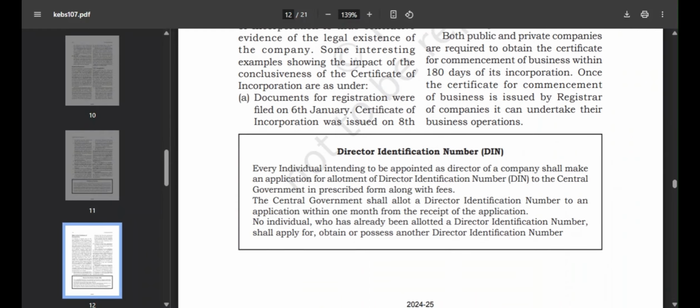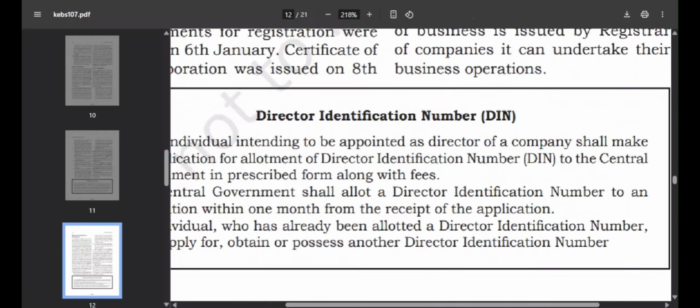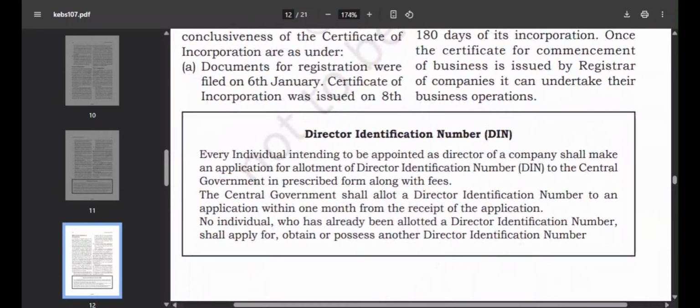Next, we have the director identification number. This usually comes as a one marker, so it is important. Director identification number, also known as DIN. Every individual intending to be appointed as director of a company has to make an application for allotment of a director identification number to the central government, in the prescribed form with a fee.